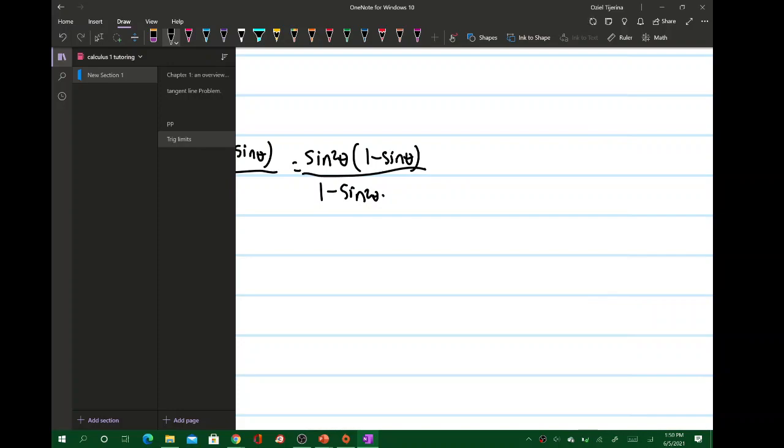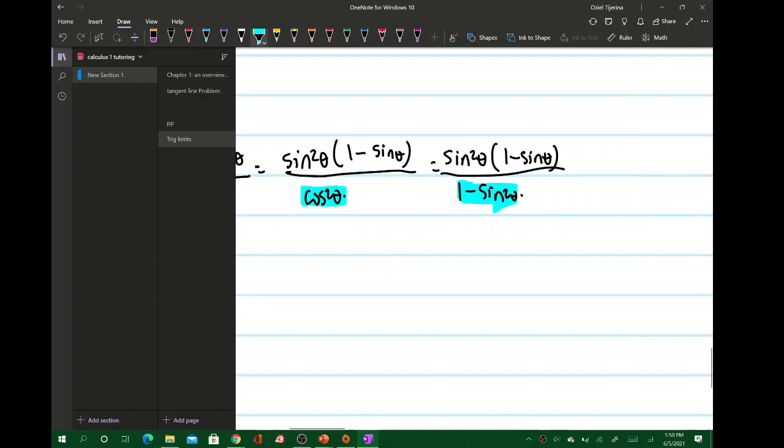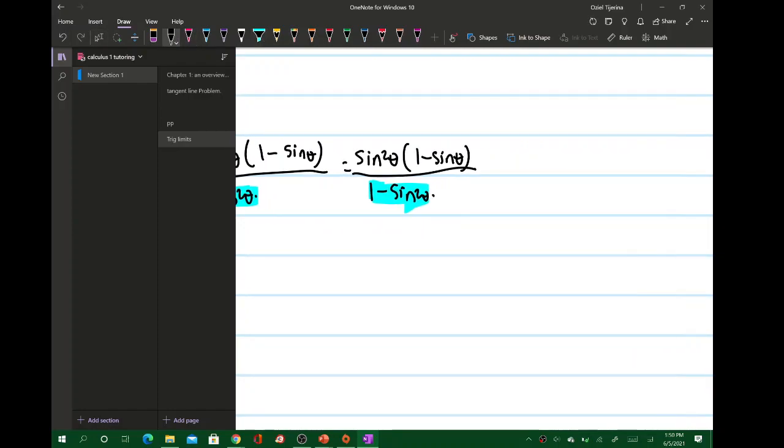This is equal to sine squared theta times 1 minus sine theta over 1 plus sine theta times 1 minus sine theta.